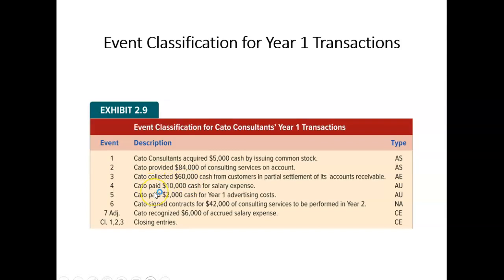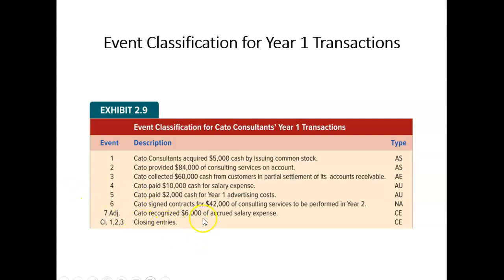Now we paid $10,000 cash for sales expense. That's an asset use, a decrease in your assets, decreased stockholders' equity. Cash paid for advertising costs, again asset use, a decrease in assets, decrease in stockholders' equity. When we signed that contract, that was not an actual business transaction as of yet, so it's not applicable.